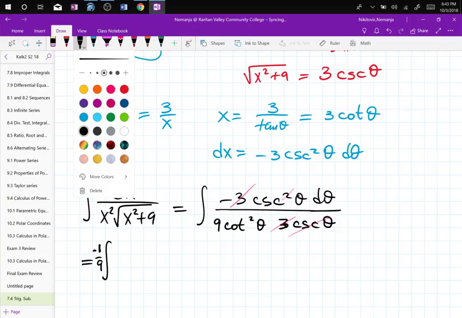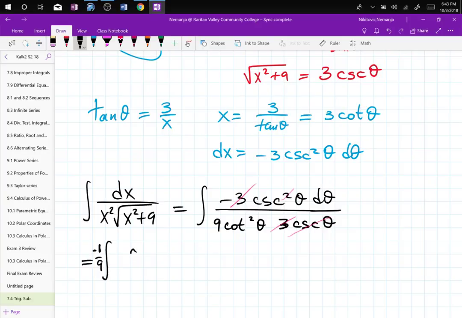So what you are left with is cosecant theta divided by cotangent squared theta d theta. That's it. The negative is outside with the 1 over 9.